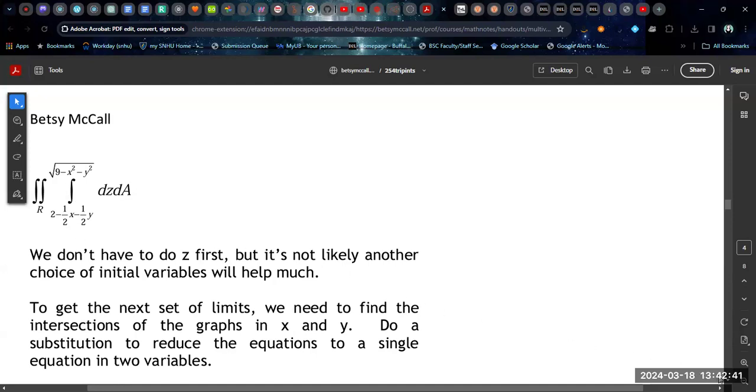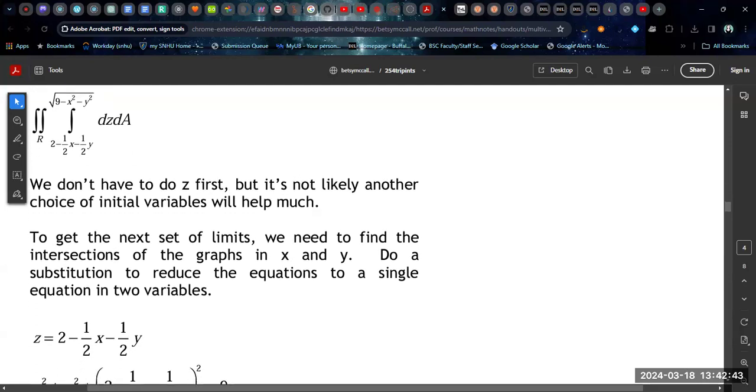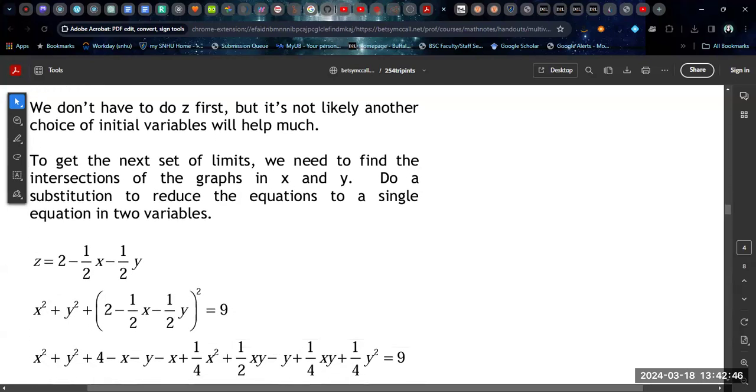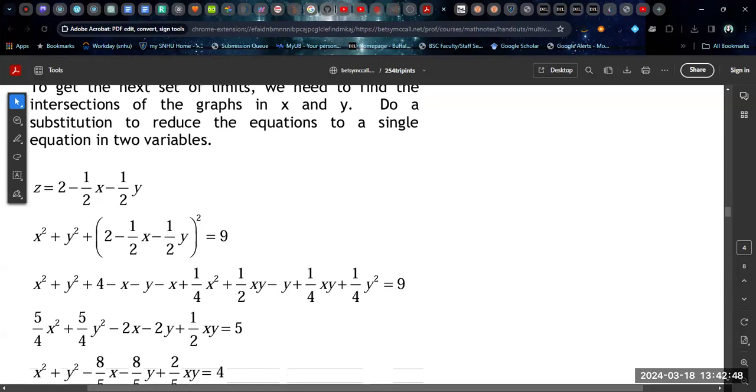Now, if we want to figure out what the two-dimensional boundary is, we have to set our equations equal to each other, essentially plug this z into the z component, put them into one equation with substitution, and then do a whole bunch of math.